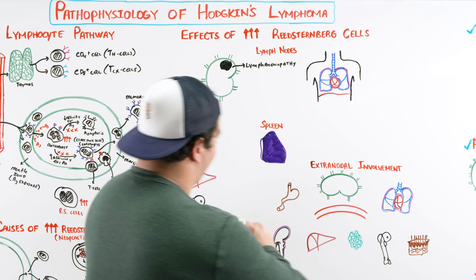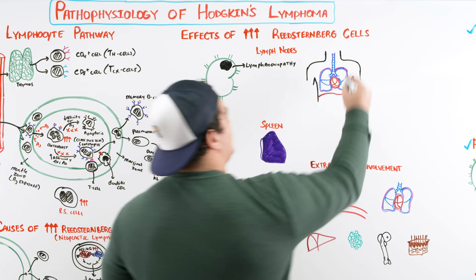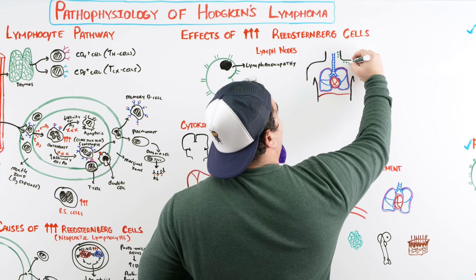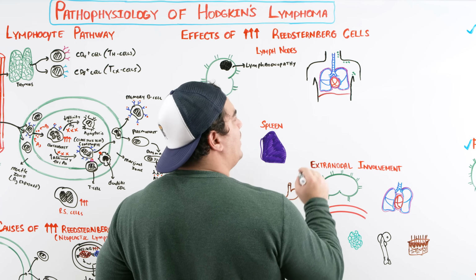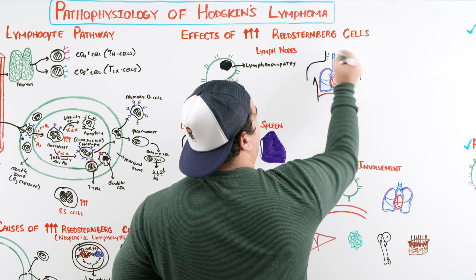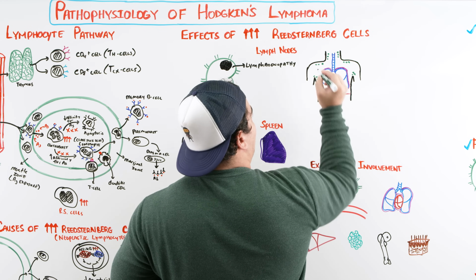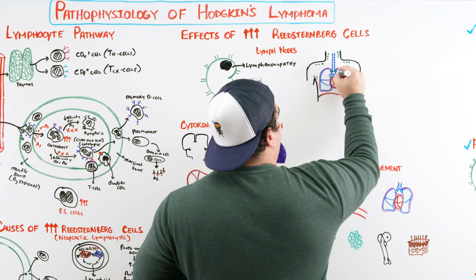Where can this occur? When you get lymphadenopathy, the most common areas tend to occur in the cervical region, the supraclavicular region, the axillary region, and then one other region. They can occur on both sides though. Cervical, they can occur supraclavicular, they can occur in axillary. One other area which is kind of an interesting one, and that is mediastinal.